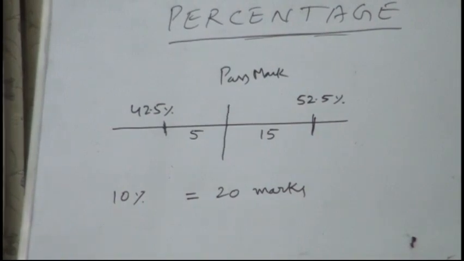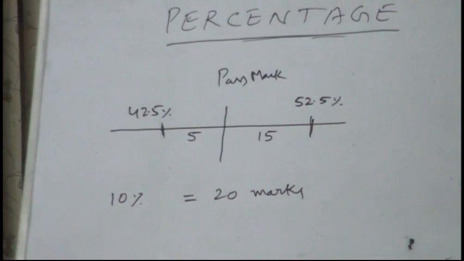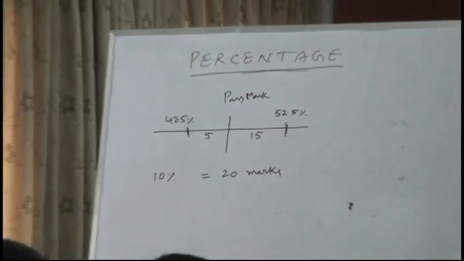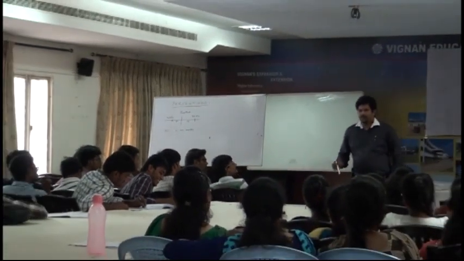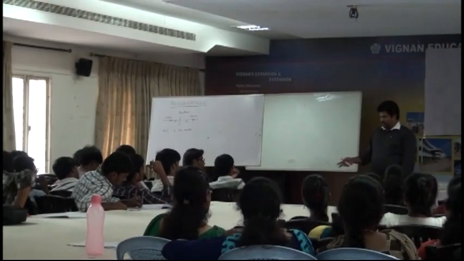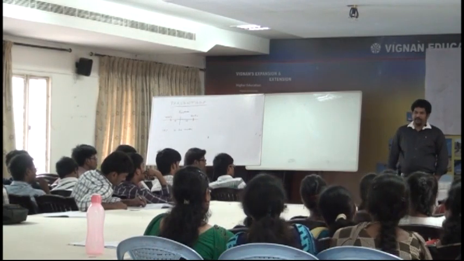Remember, class was scheduled at 10, but many of you came late, right? By 30 minutes or 40 minutes or 45 minutes. For example, first day you are late by 15 minutes.